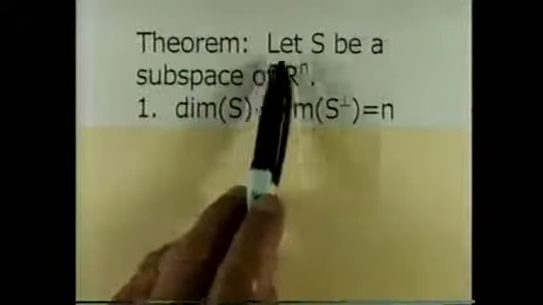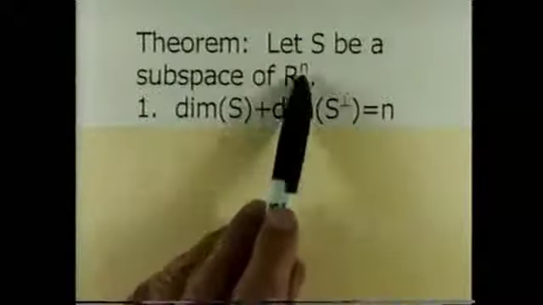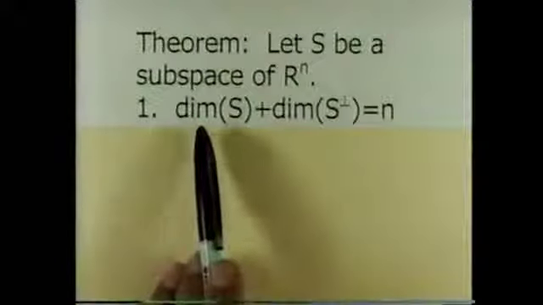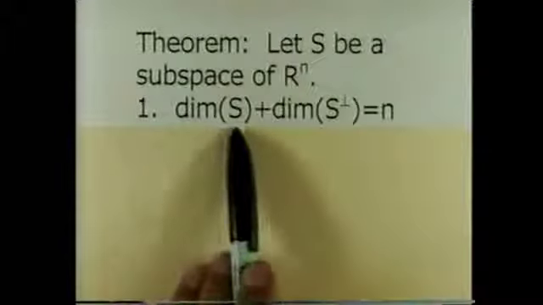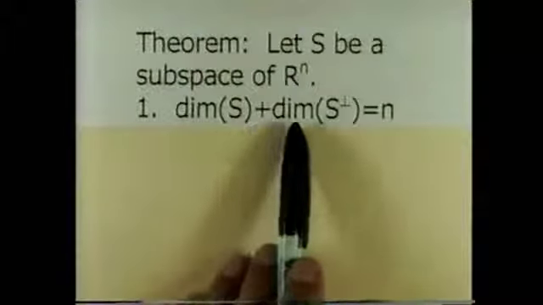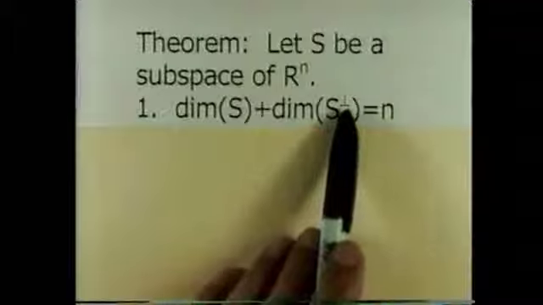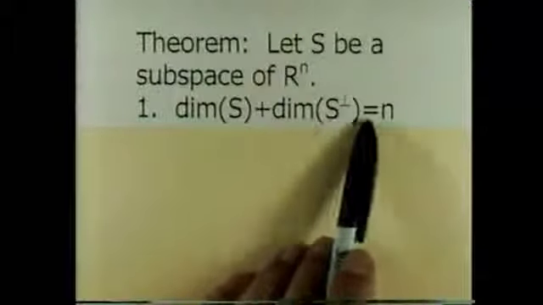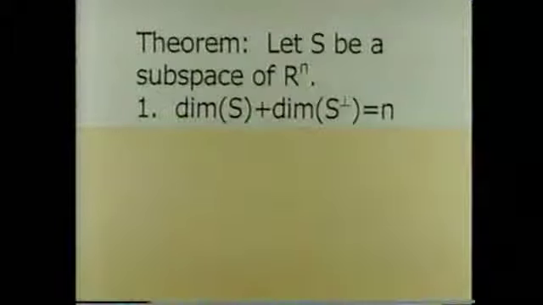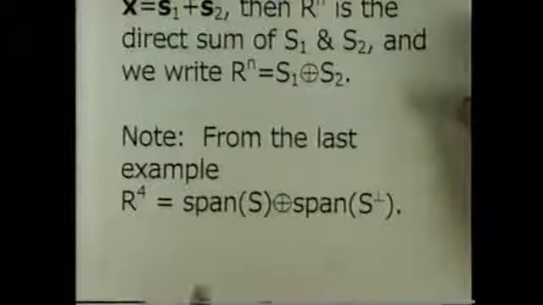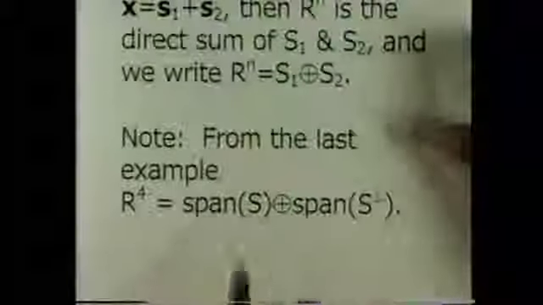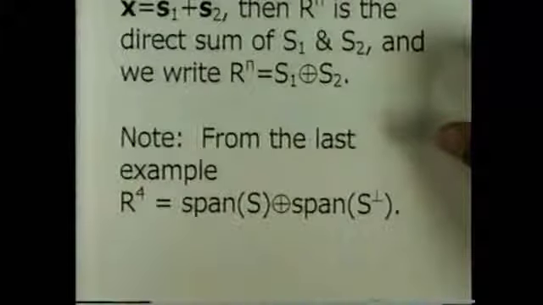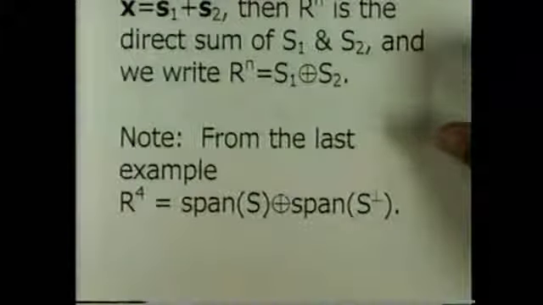Let's look at a theorem. Let S be a subset of n space. The first thing that's true is the dimension of S plus the dimension of S complement, your orthogonal complement of S, is n. Well, we can look at the last example and see this, the span of S. Remember, S had only one vector in the basis.